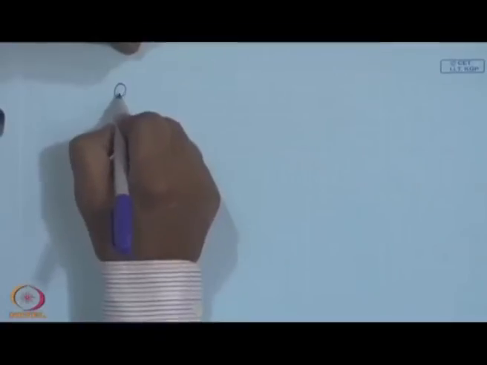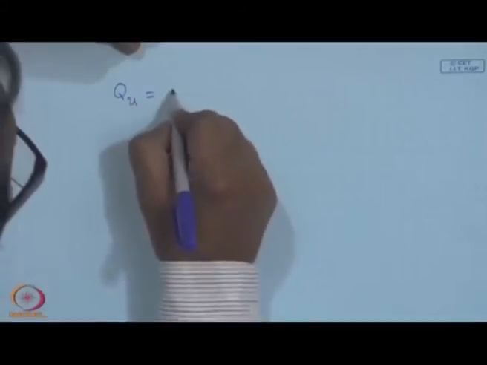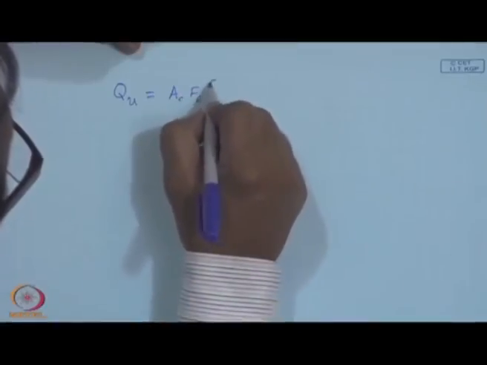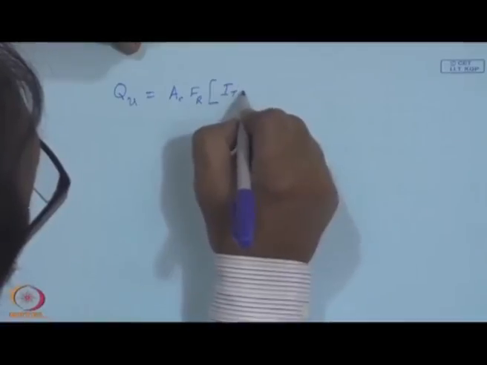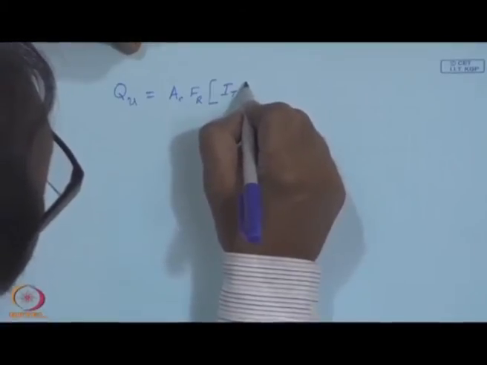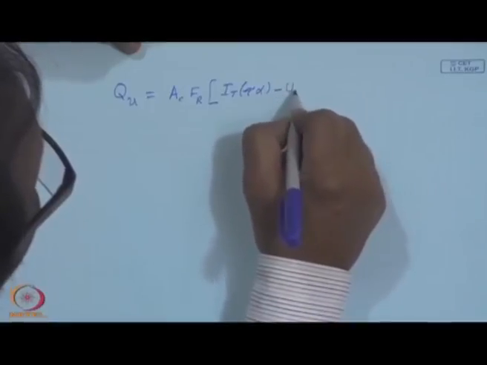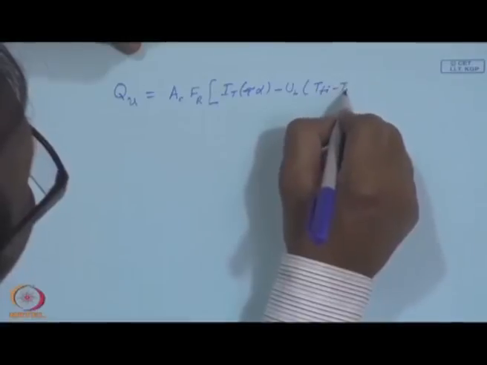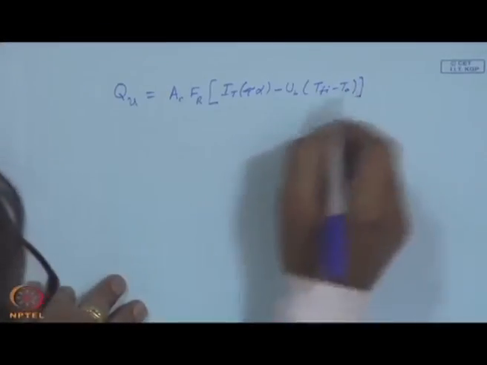Now, if you look at it finally, Q has been expressed as A_C F_R times I_T tau alpha minus U_L into (T_I minus T_A), where F_R is the heat removal factor.